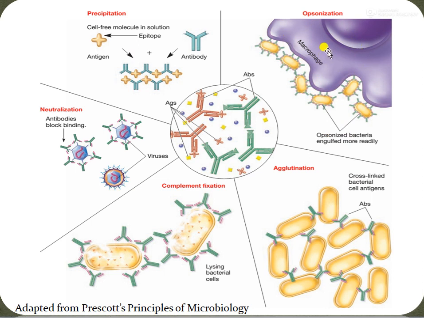So the antigen antibody reactions within your body can happen in different ways depending upon the type of things with which it interacts. If it is a soluble antigen with which the antibody interacts, it will result in a precipitation reaction. If it is a particulate antigen, it will result in the formation of agglutination. And if it is a virus, it could bind with an antibody, blocking the virus binding to the cell, and that is called the neutralization reaction. And if an antigen antibody complex along with a complement attaches, that is called complement fixation, and it will cause the lysis of the bacterial cell.